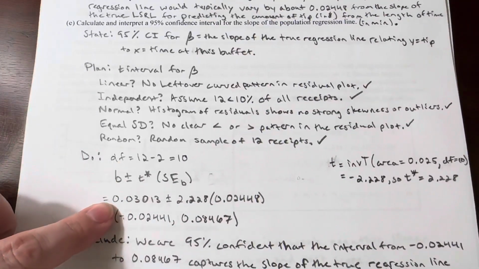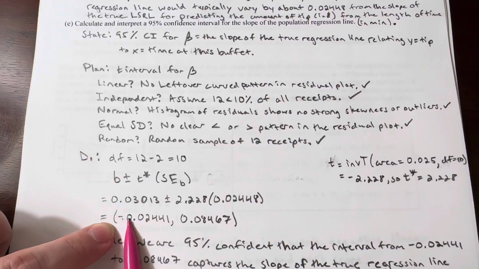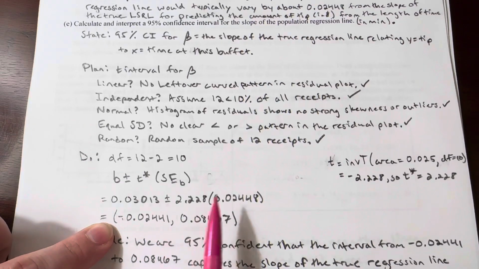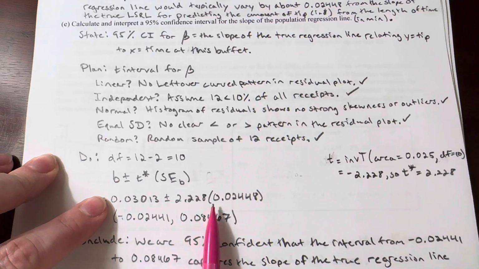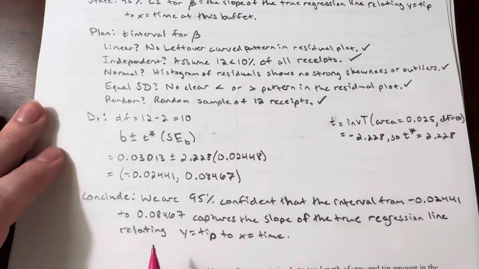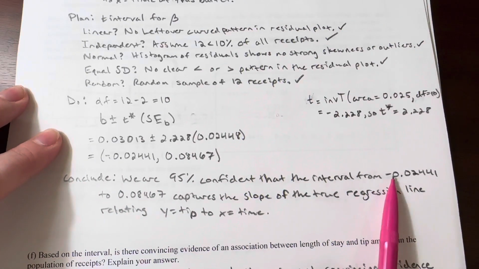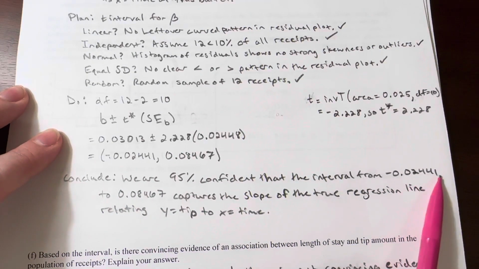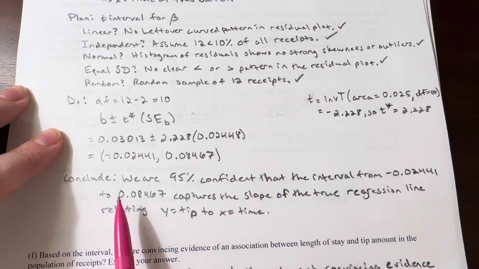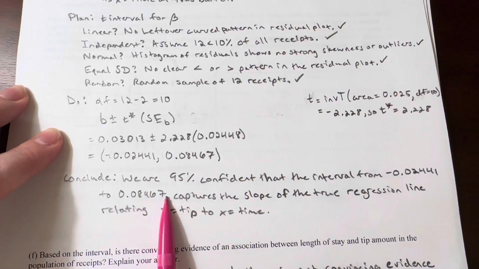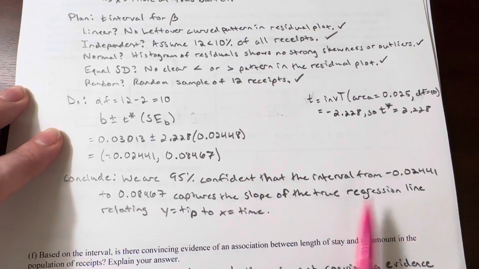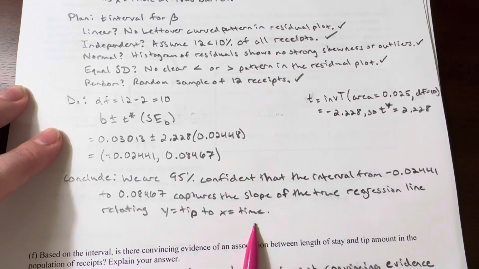I typed this in first with subtraction, and I got negative 0.02441. And then I typed all of this in with addition, and I got 0.08467. All right, so my conclusion is that we are 95% confident that the interval from negative 0.02441 to positive 0.08467 captures the slope of the true regression line relating y equals tip to x equals time.